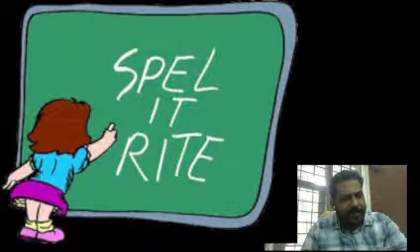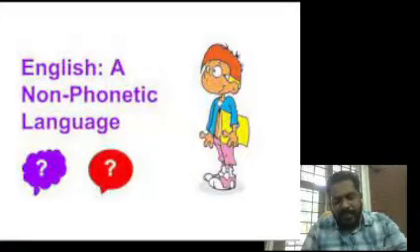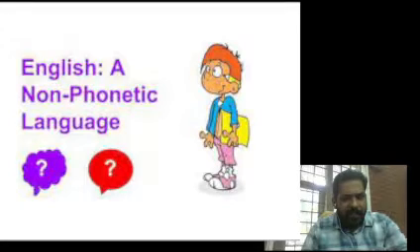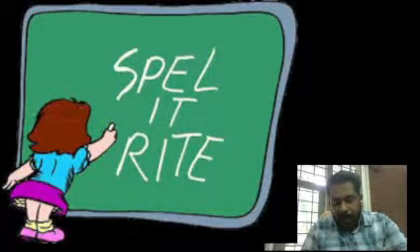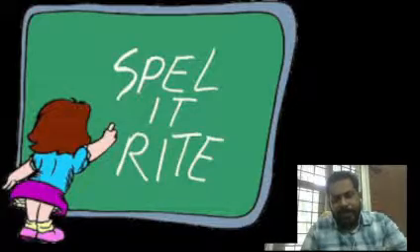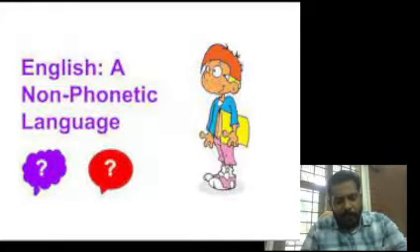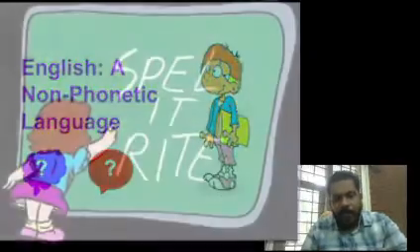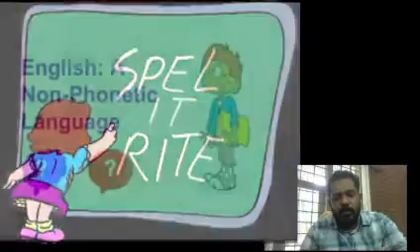The next context is that if the sound R is followed by a consonant sound, then also we should not pronounce it. In the word board, the R is followed by the consonant D, so we should not pronounce the sound R. Another context is that if the sound R is followed by a vowel sound, then we have to pronounce it.